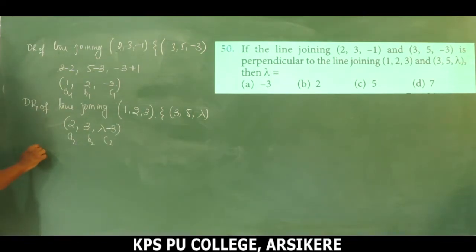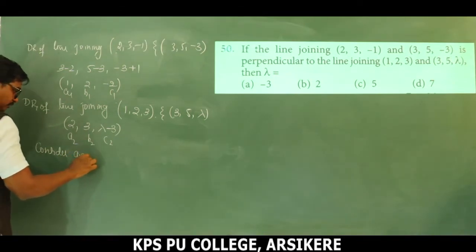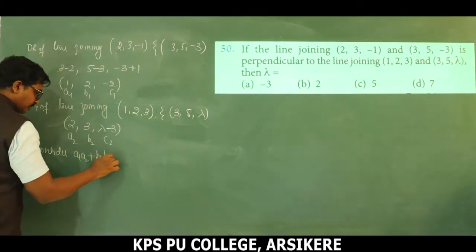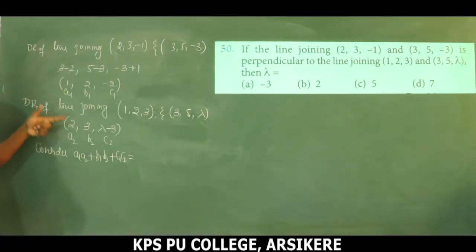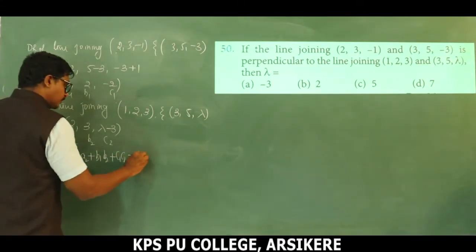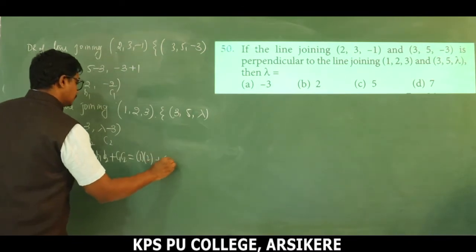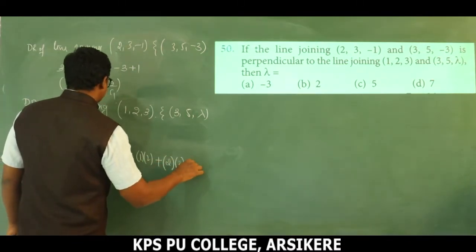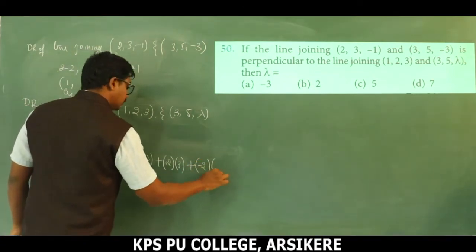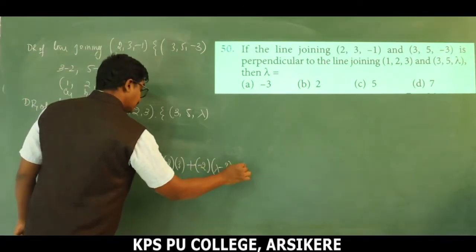Then here we have to consider A1A2 plus B1B2 plus C1C2 is equal to, directly right here, A1A2 as 1 into 2, plus 2 into 3, plus minus 2 into lambda minus 3, that is equal to 0, right?